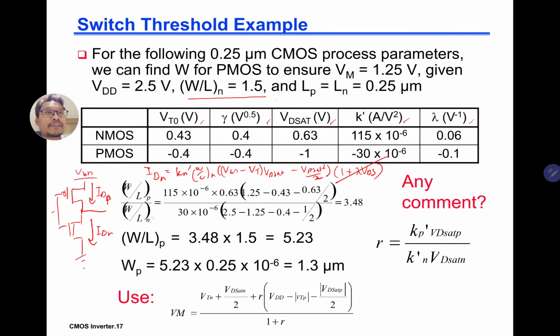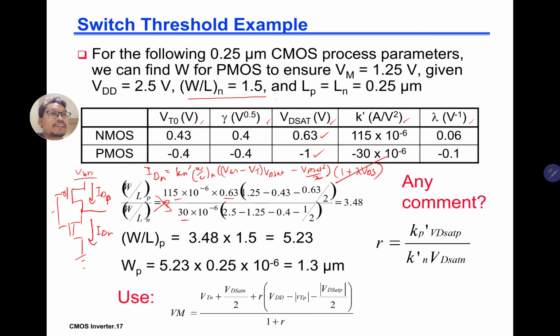Okay, so here is your IDN and here is your IDP, and we see W over L of N, this is your Kn prime, 115. Okay, and then you have the Kp prime, 0.63, here coming from your VD sat N. Your VD sat P is minus 1, so just 1 there.